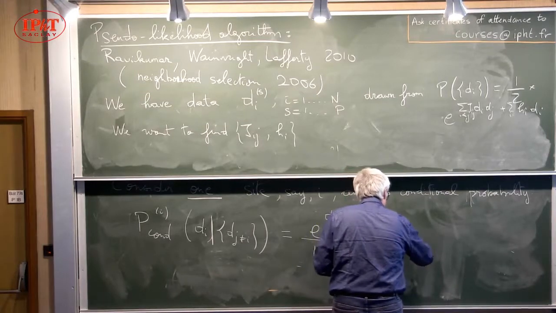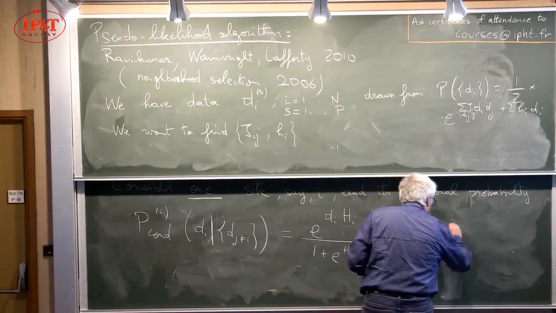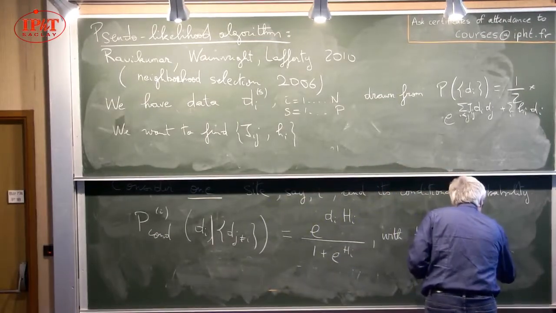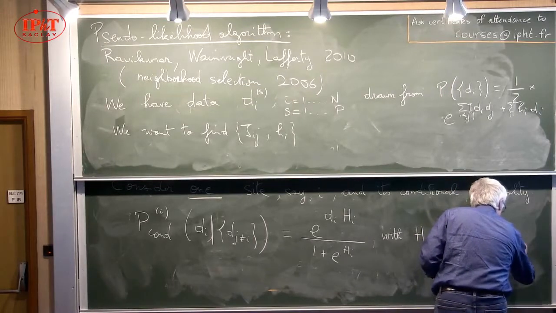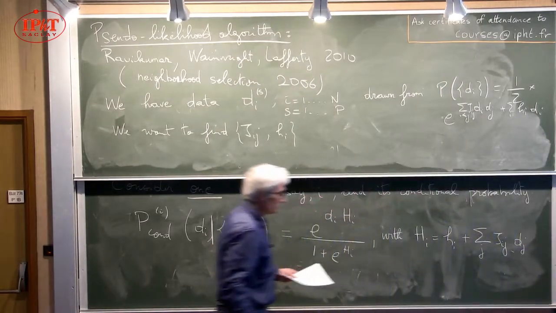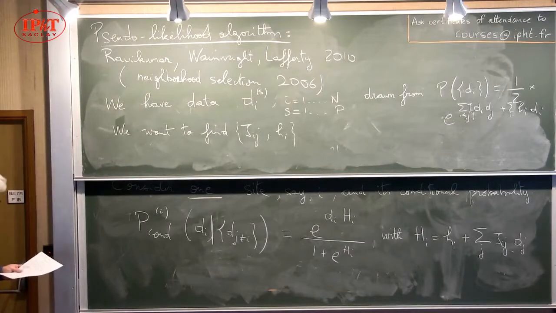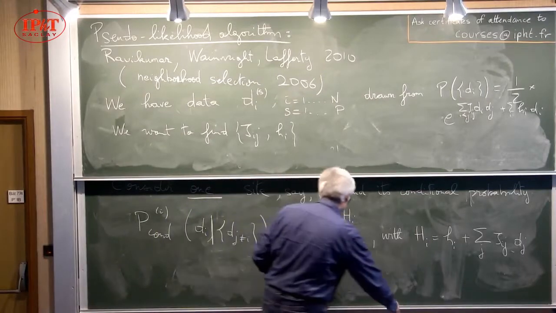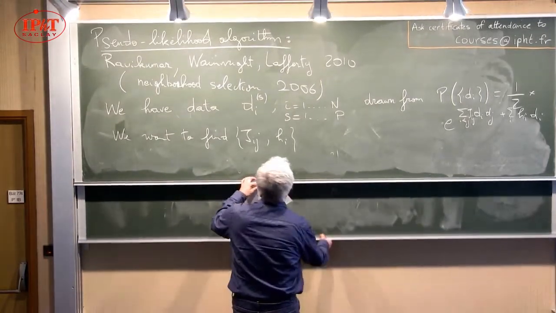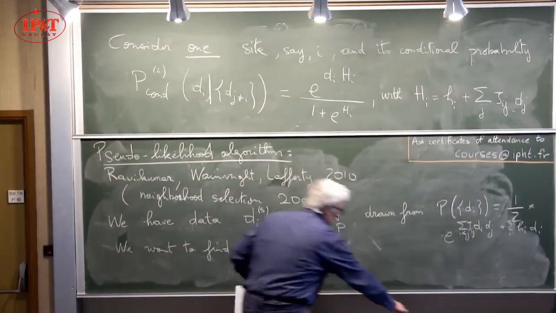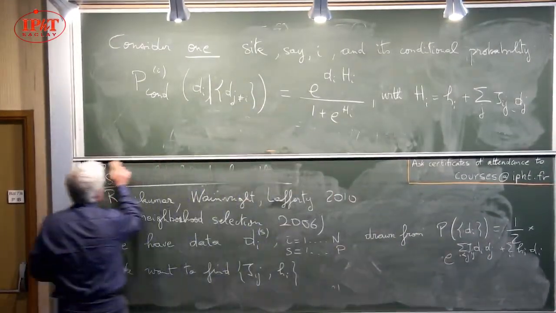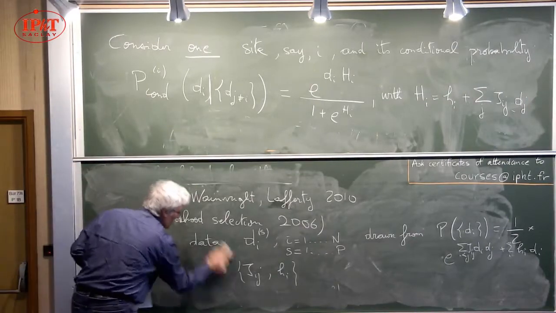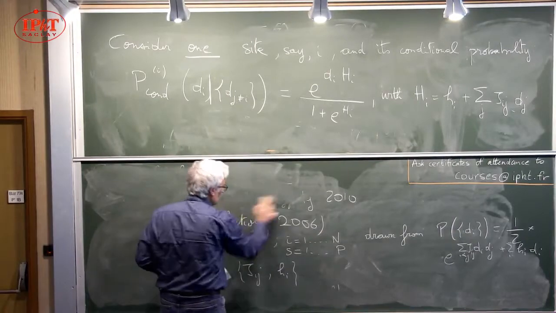With h_i equal to the sum of a local field, h_i, the external field, plus the effective field produced by the other spins. So it's the sum over j of J_ij d_j. Okay, so the pseudo-likelihood of the configuration is defined as the product of the conditional probabilities of the single spins in the configuration.